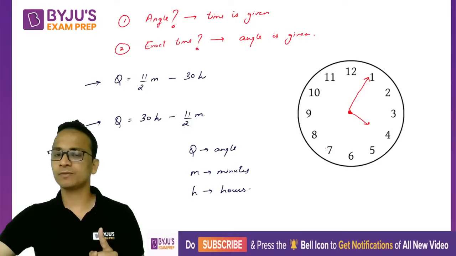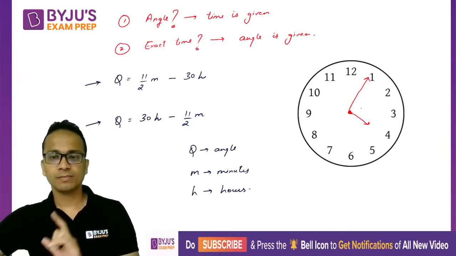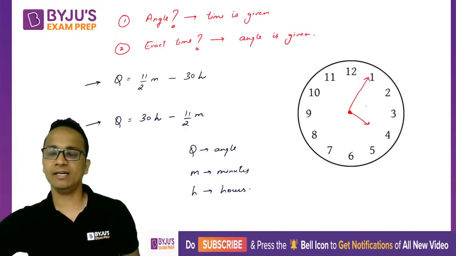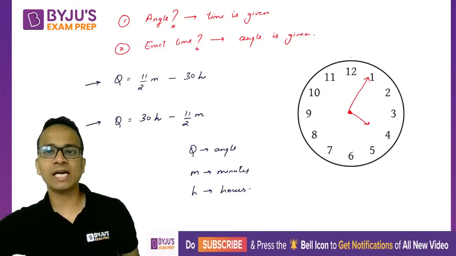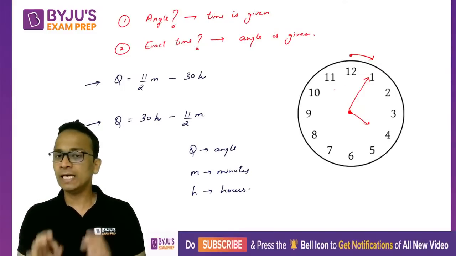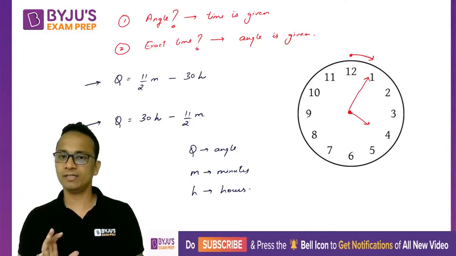Carefully listen to this. In the given diagram, the minute hand comes before the hour hand. If I move in the clockwise direction starting from 12, I can see that the minute hand comes before the hour hand.